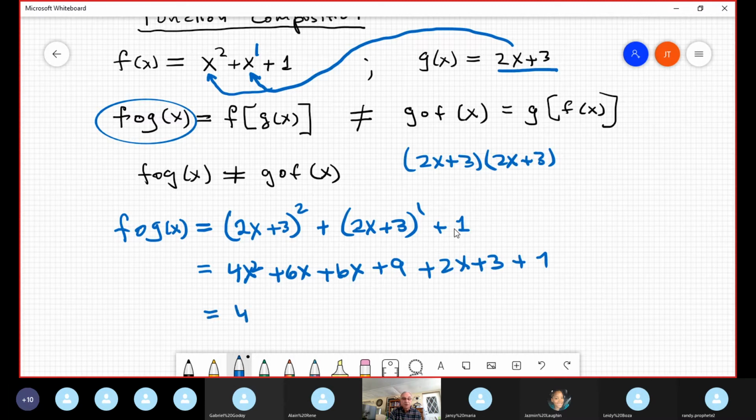And finally, we combine like terms: 4x squared, then 6x plus 6x plus 2x is 14x, and 9 plus 3 is 12, plus 1, 13. Okay, this is the expression for F composition G of x.